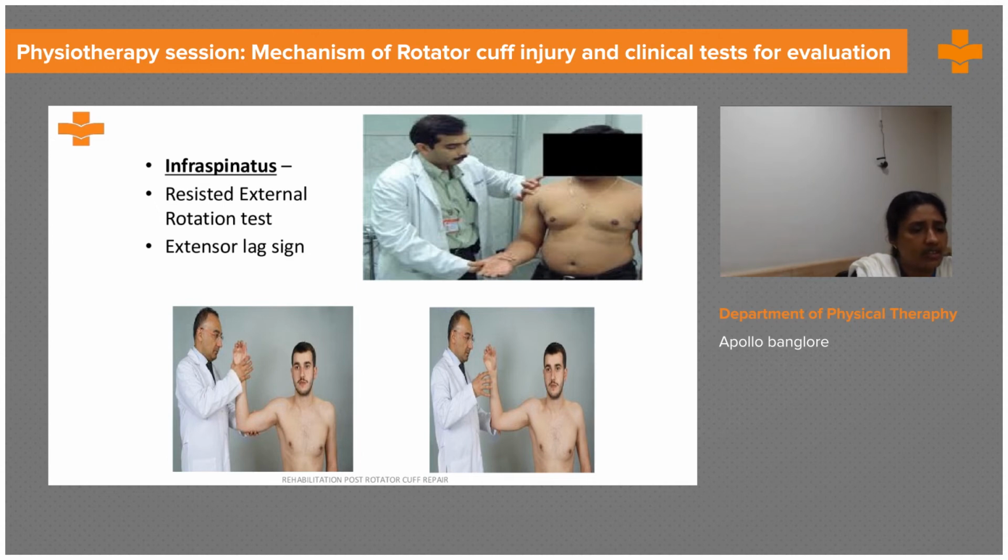One more test to confirm is the external rotation lag sign, where we ask the patient to keep the shoulder at 90-degree abduction and external rotation, and the patient is not able to maintain external rotation and the hand falls anteriorly compared to the normal side, the test is positive.